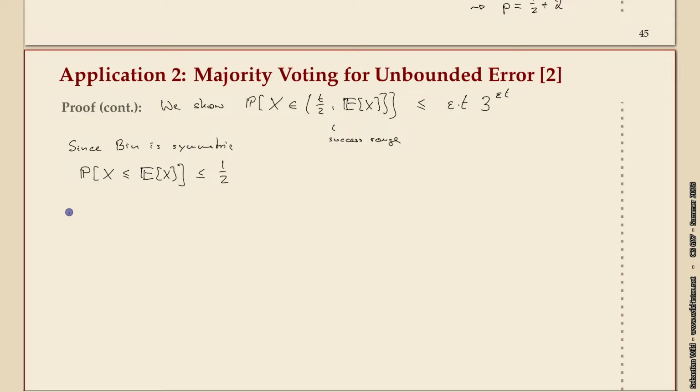So from these two things, the probability that the majority vote overall fails is again the probability that our x is too small, less than t/2. And that is at least as much as the probability that x is strictly less than the expected value, okay? And we'll use that to rewrite for the two parts.